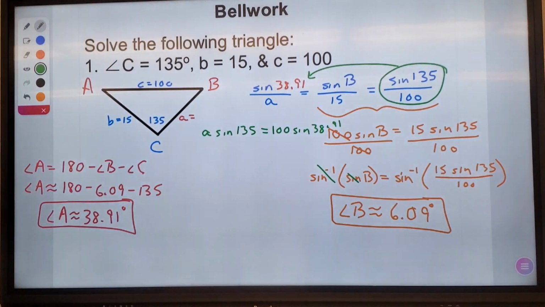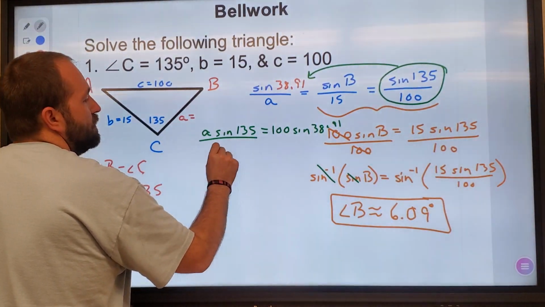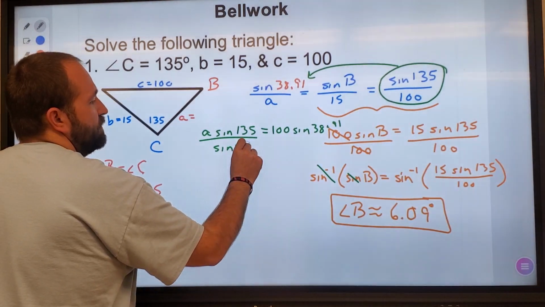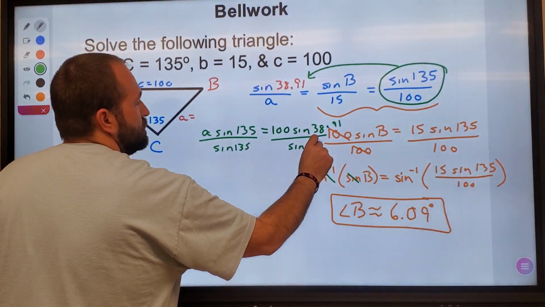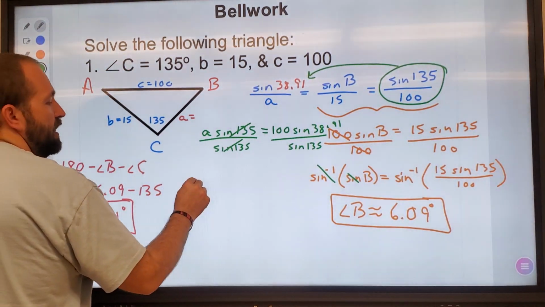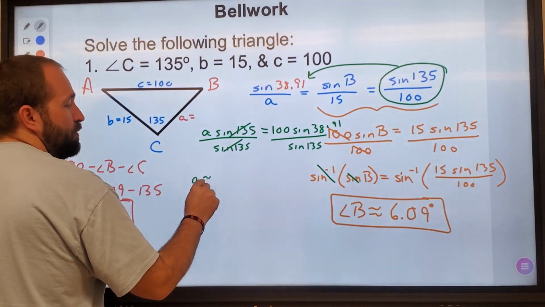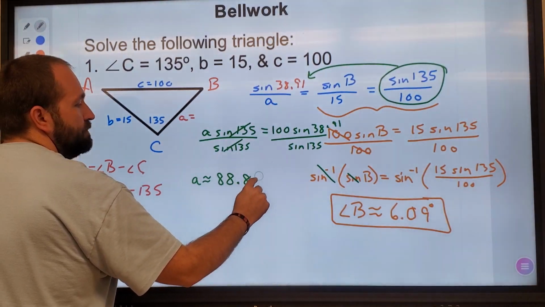I'll overlap there a little bit, sorry about that. I'm going to divide both sides by sine of 135. Again, plugging this in the calculator carefully, you should end up with A is approximately 88.83.